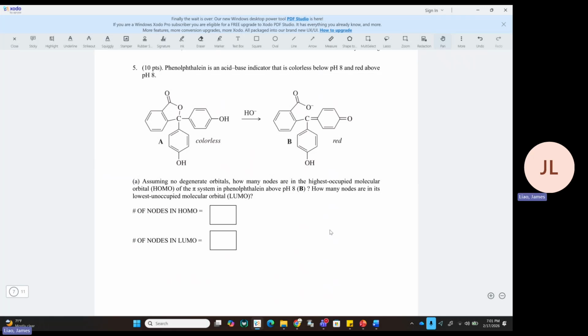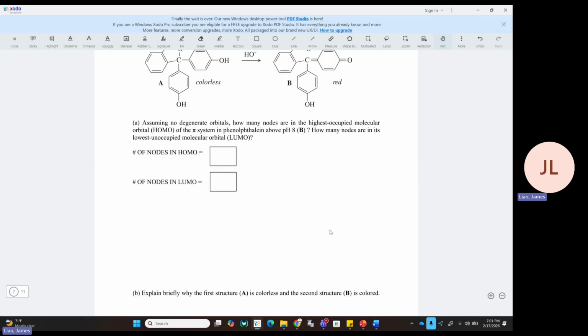I'm going to give you a simple demonstration of what a HOMO and LUMO look like by using butadiene. So I have this molecule right here, and each pi bond contains 2 electrons. So I have a total of 4 electrons involved in the bonding and anti-bonding of the molecular orbitals.